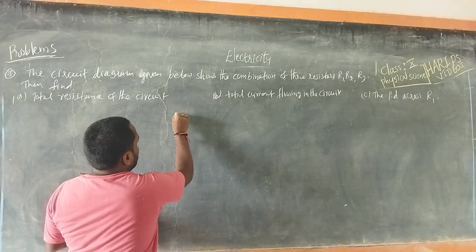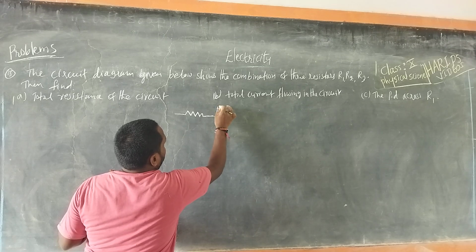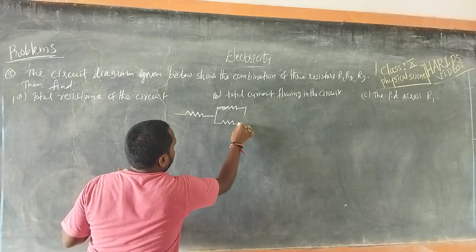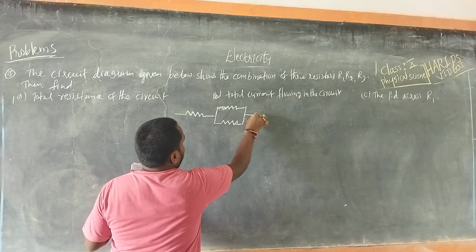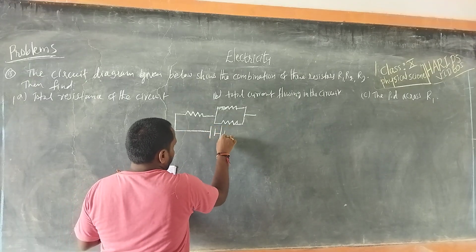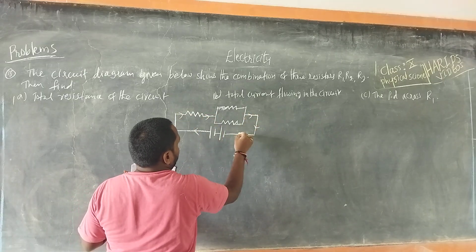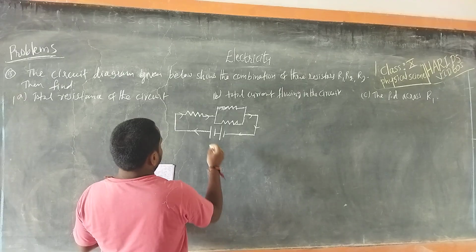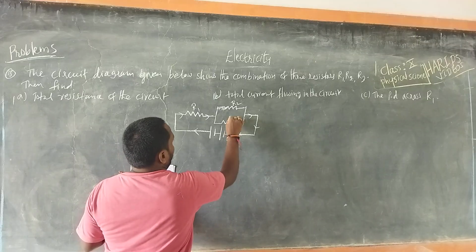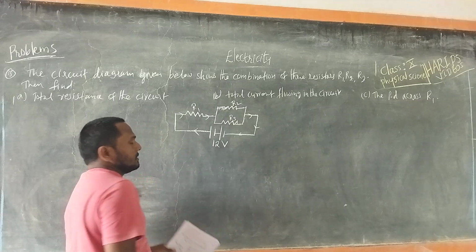So this is R1, R2, R3. This is the diagram.